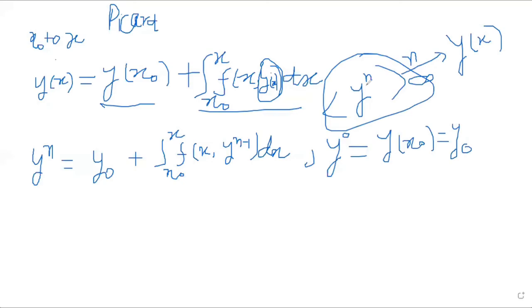Yes, sir. So it means that as n is bigger and bigger, the term of the sequence will be closer to the exact one. Am I right? So in that way we will generate a sequence of approximations, and each member of the sequence is an approximation to y(x).